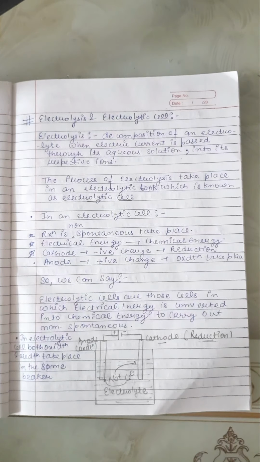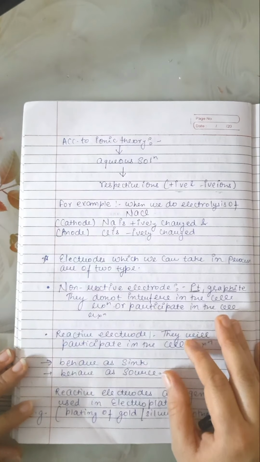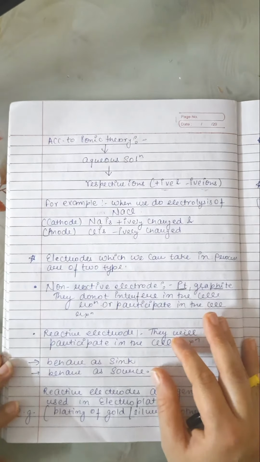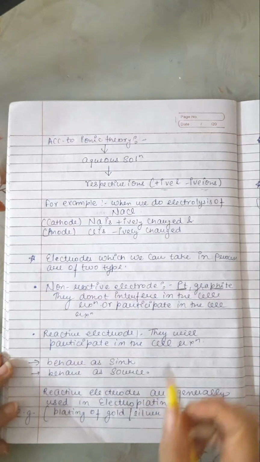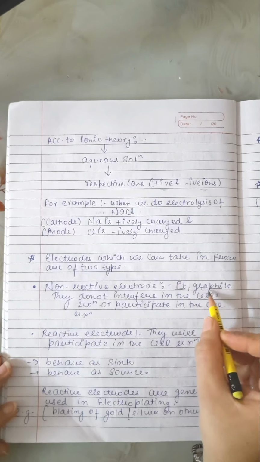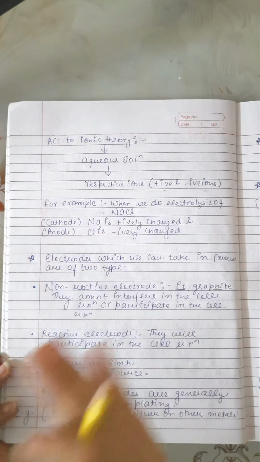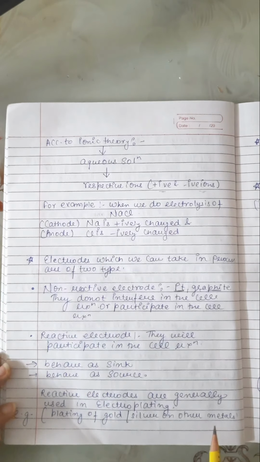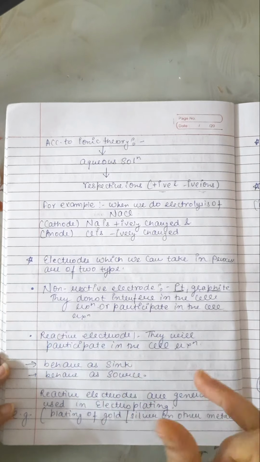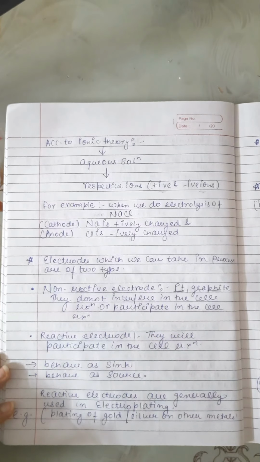And there are two types of electrode which we can take in this process. First is non-reactive electrode and second is reactive electrode. Non-reactive electrodes are made up of platinum and graphite, and they do not interfere or participate in the cell reaction, whereas reactive electrodes will participate in the cell reaction.